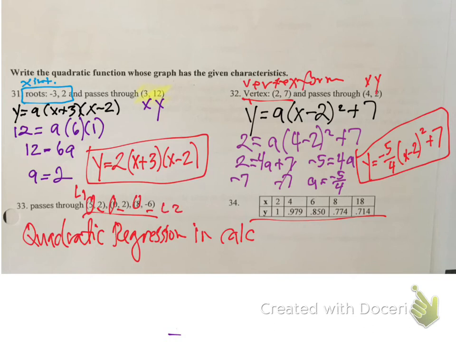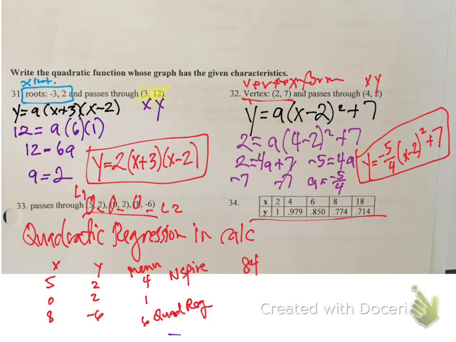If you have an Inspire, then you type those in your list A and B. Remember that you have x and y at the top. Then you go to menu 4, 1, 6, which is quadratic regression. That is if you have an Inspire.